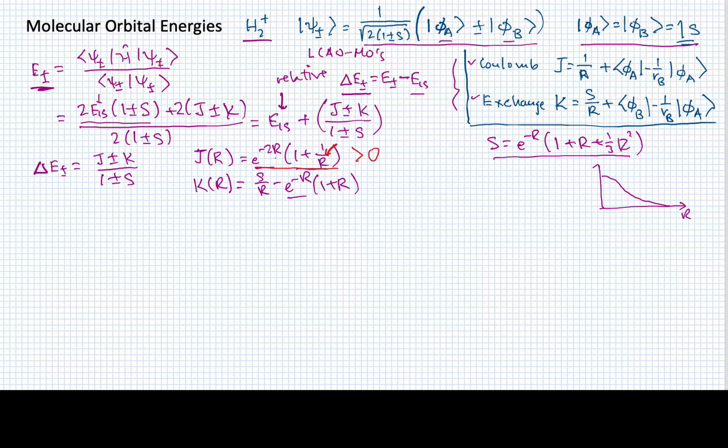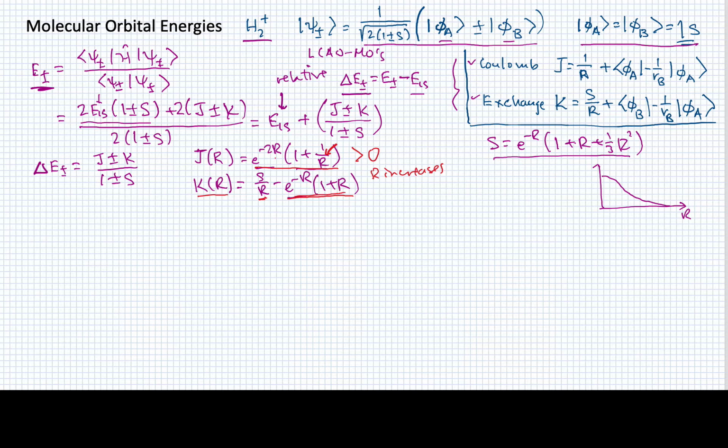What about K? Well, in this case, we have a term here that's going to blow up as we go to 0, so it's going to be very large and positive. But then we have another term out here as R gets larger.